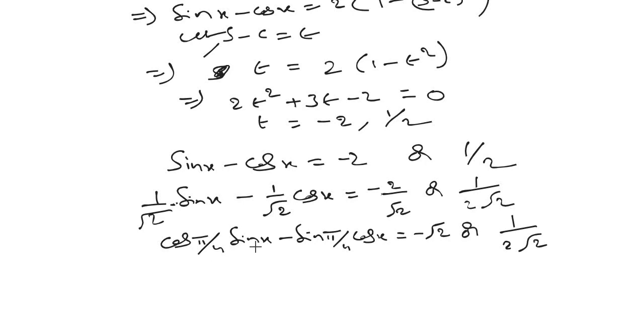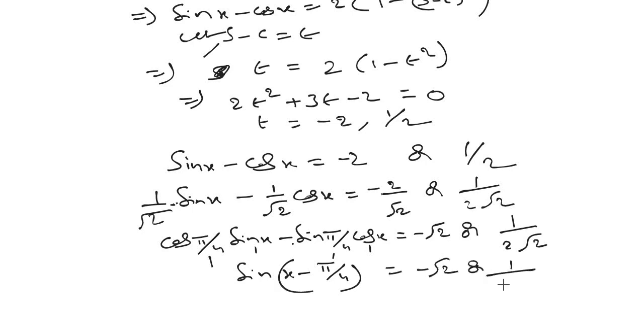So you can see this is the sin A cos B minus cos A sin B formula. So it is sin of A minus B, which is negative root 2 or 1 divided by 2 root 2. I said already sin x minus cos x equal to negative 2 is doubtful.